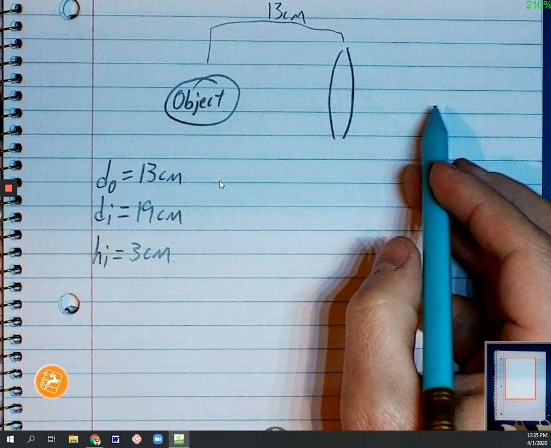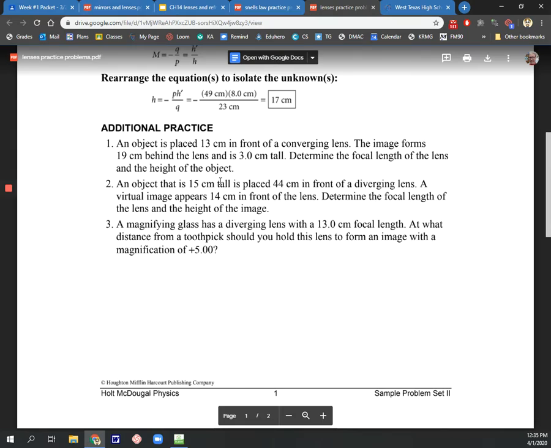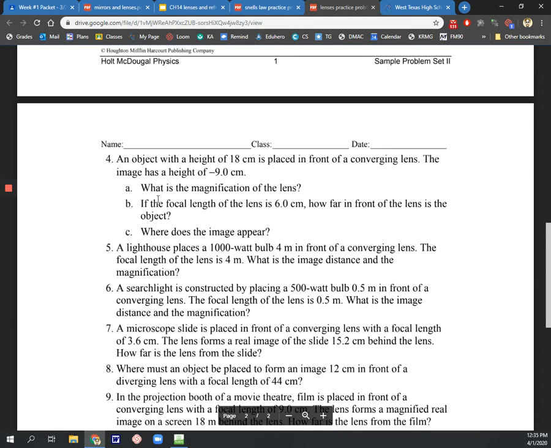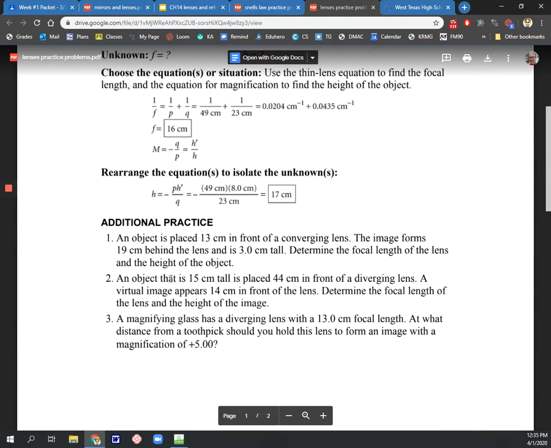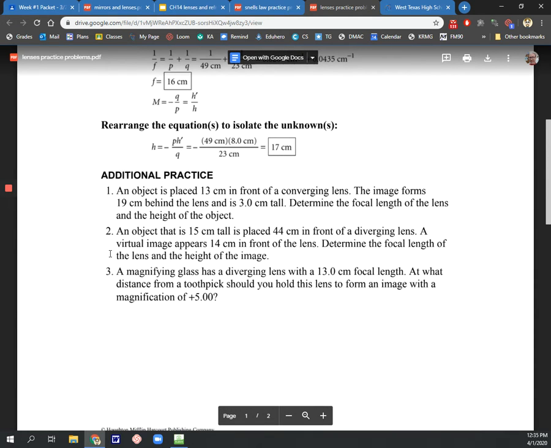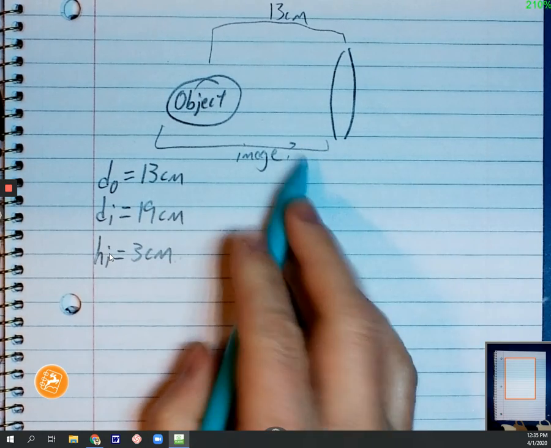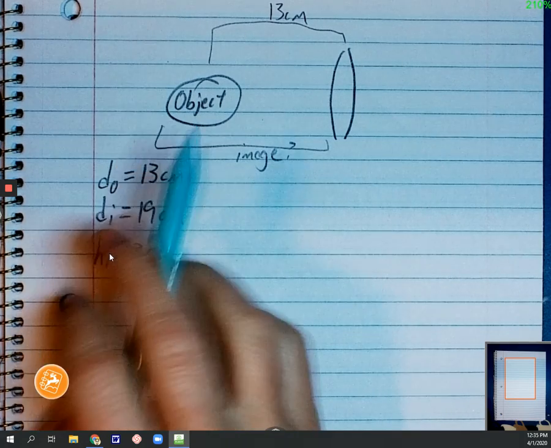I'm going to presume, since they didn't give us a negative height, that this is going to be a virtual image. So the image is going to be somewhere on this side, along with the object. I'm going to presume that the image appears behind the object, but let's see what our formulas tell us.